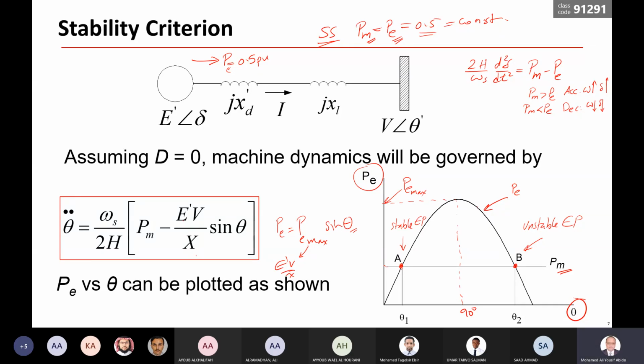we have a disturbance at point A, a small disturbance at point A. If, for example, P electrical reduces, and we have P electrical here.